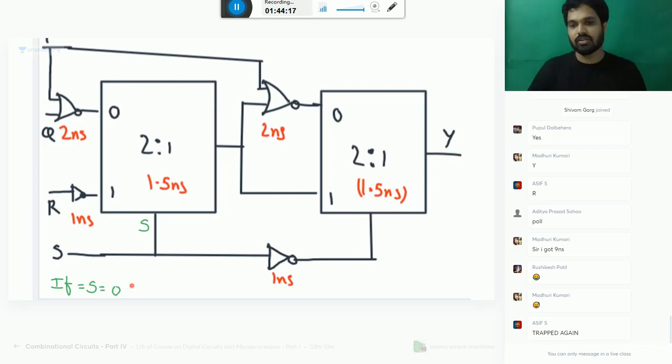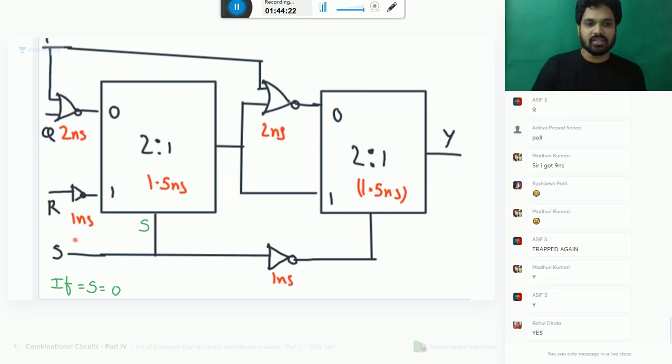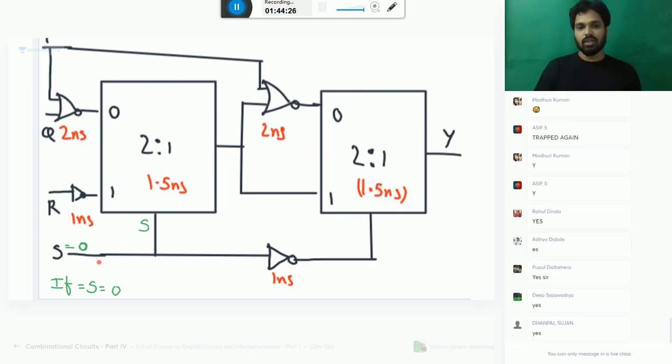Everybody accepted or not? So let me take S equal to 0 first. If S is 0, what is your path? S bar will be how much? 1. So when S is 0, this is the path you should follow. This green line is your path.